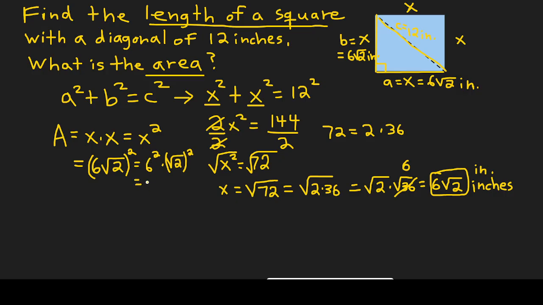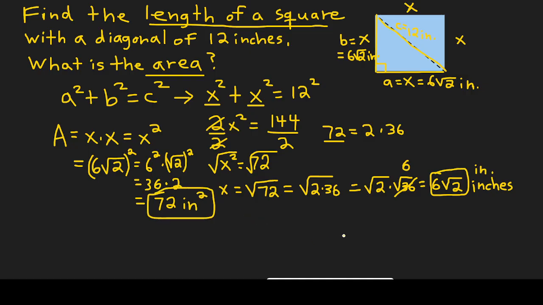So 6 squared is 36, multiplied by the square root of 2 squared, that's just the square root of 2 times the square root of 2, which is 2. And 36 times 2, we knew this earlier, is 72. And we don't want to forget our units, so that'll be inches squared, since we're dealing with square units with area.